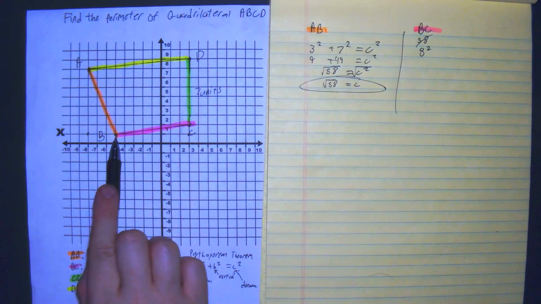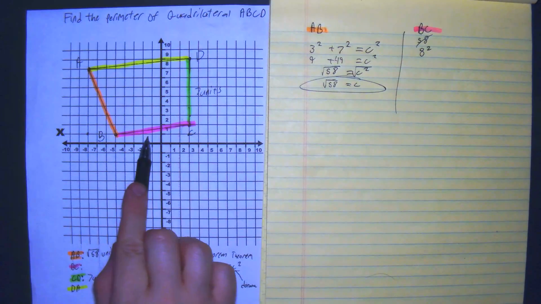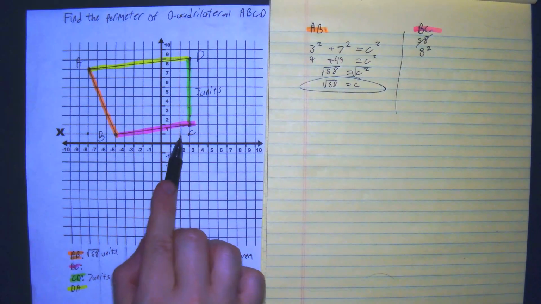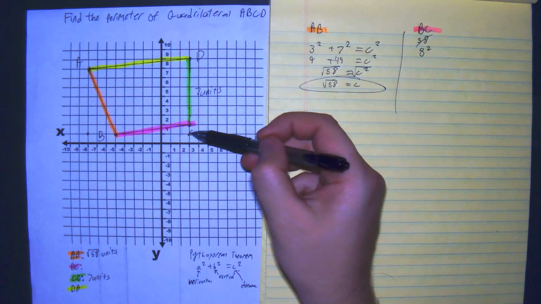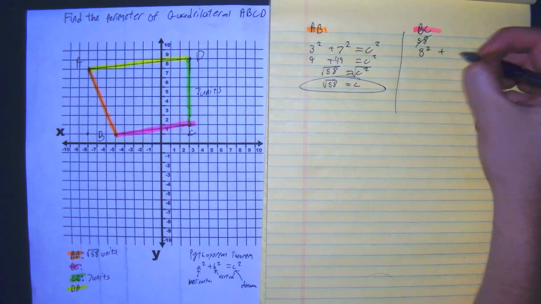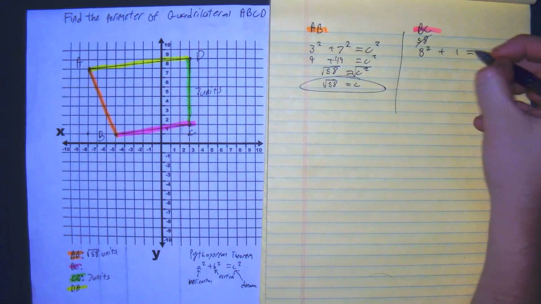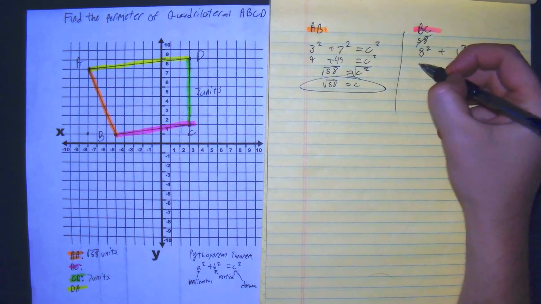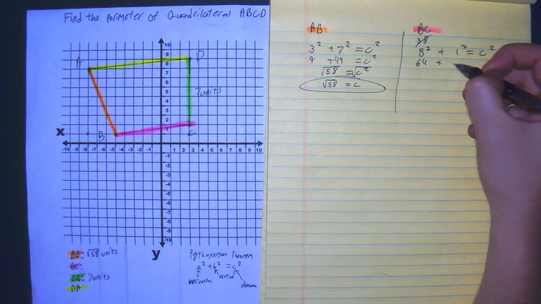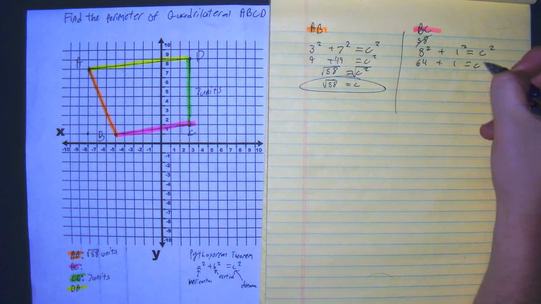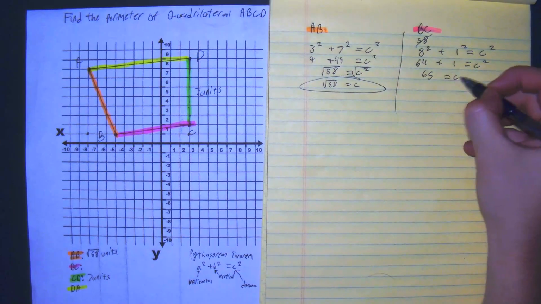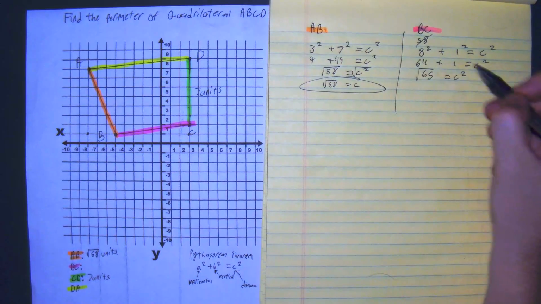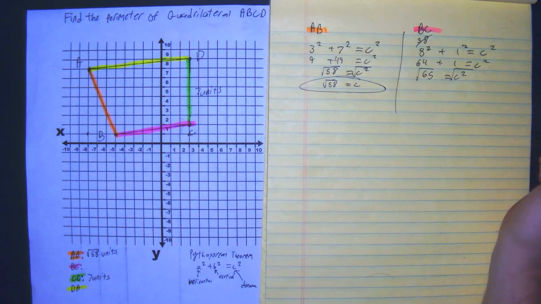Just one more count. 0, 1, 2, 3, 4, 5, 6, 7, 8. Now we want to count from here to point C, which is just 1. So it'll be 8 squared plus 1 squared equals C squared. 64 plus 1 equals C squared. 65 equals C squared. Square root it.